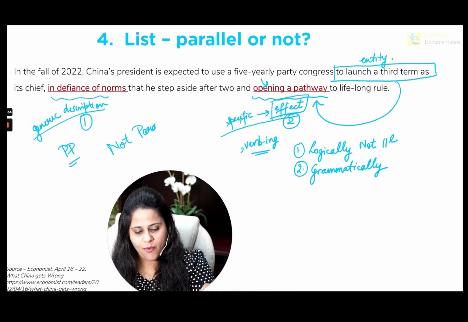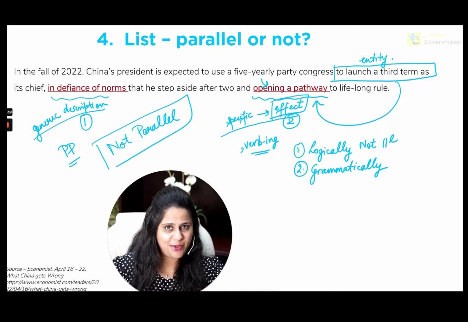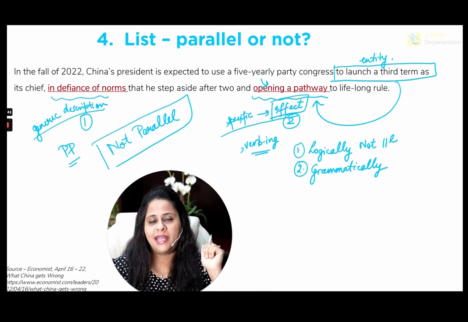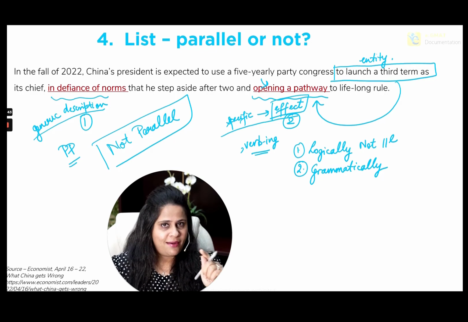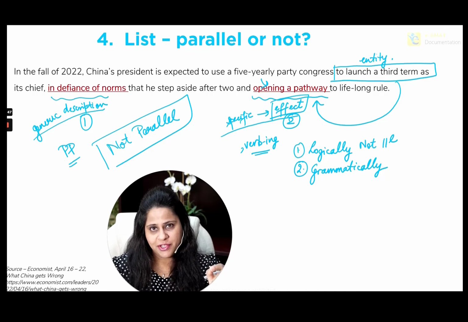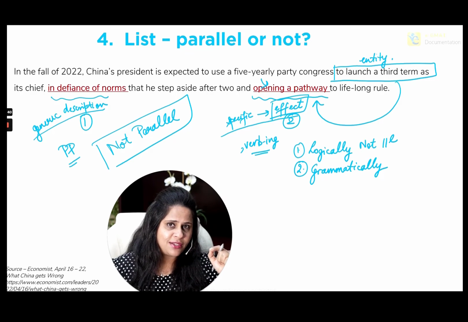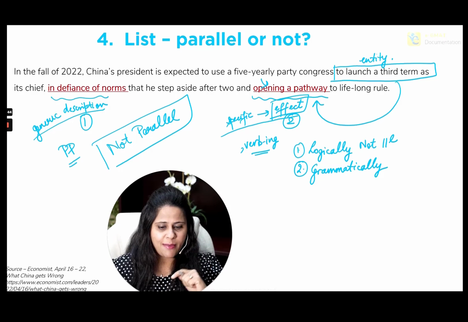Okay. So of all the errors that we asked you about in the community poll, and I'm going to show you that, the only error that this sentence has is the parallelism error, okay? And we understood why there is a parallelism error. Now, if I were to ask you, how can you correct the sentence? What would your answer be? Think about it.